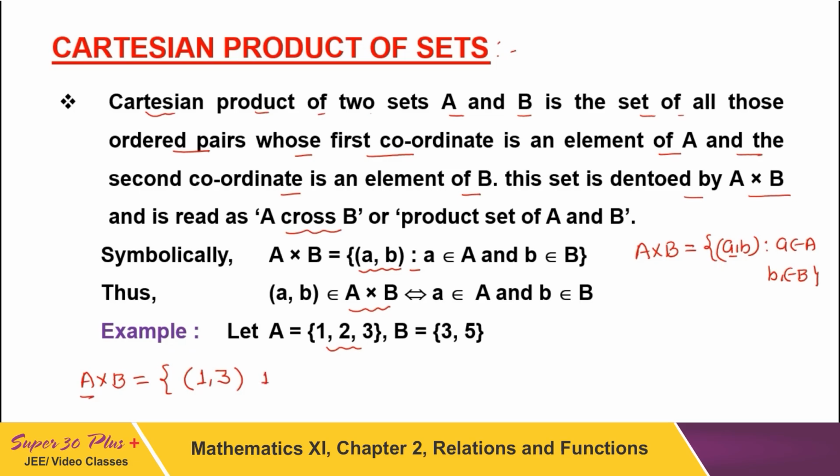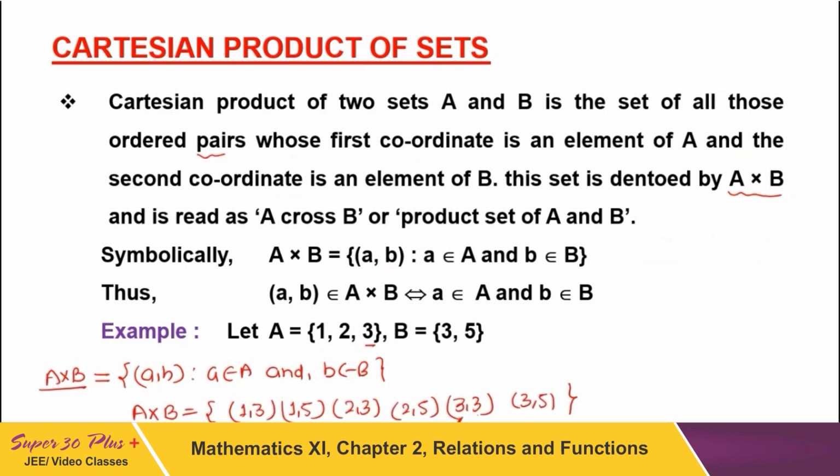So (1, 3), (1, 5), then (2, 3), (2, 5), then (3, 3) and (3, 5). It is important to note that this 3 comes from set A and this 3 belongs to set B. This is the basic definition of the Cartesian product of two sets.